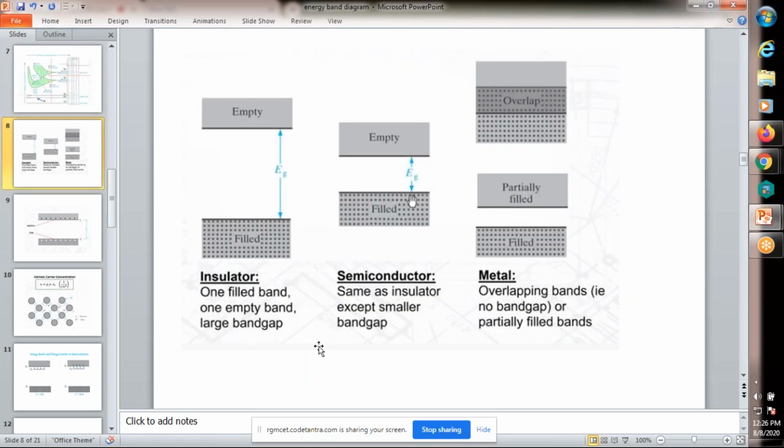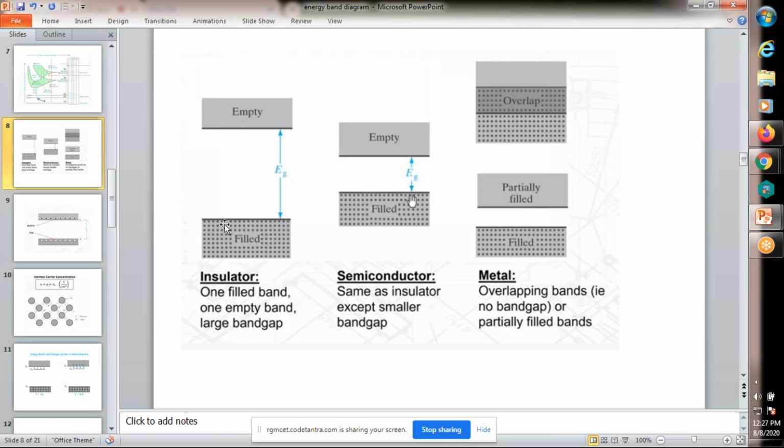Now observe here. Finally, in all cases, all energy states are divided into two bands, conduction band and valency band. Coming to the insulator: one filled band, one empty band, and a large band gap energy. The band gap energy is very high in insulators.